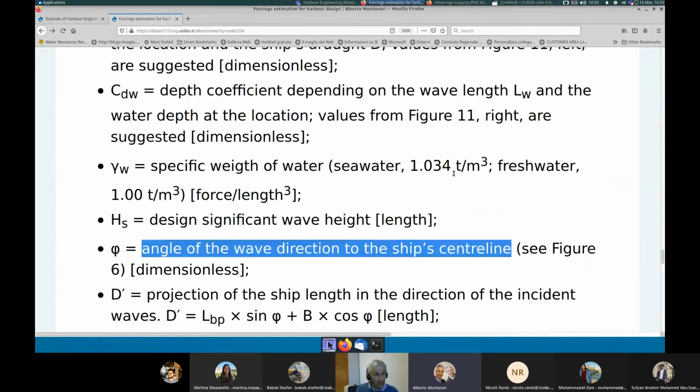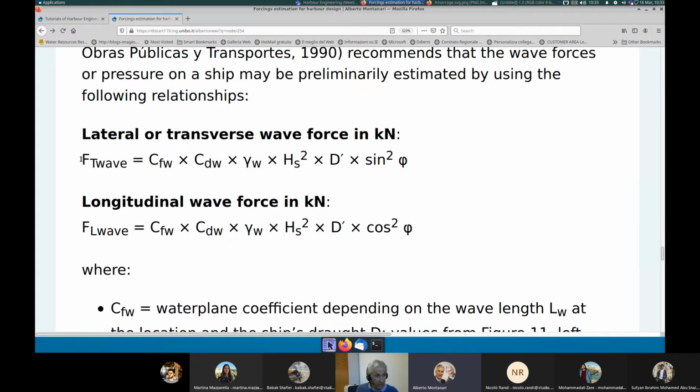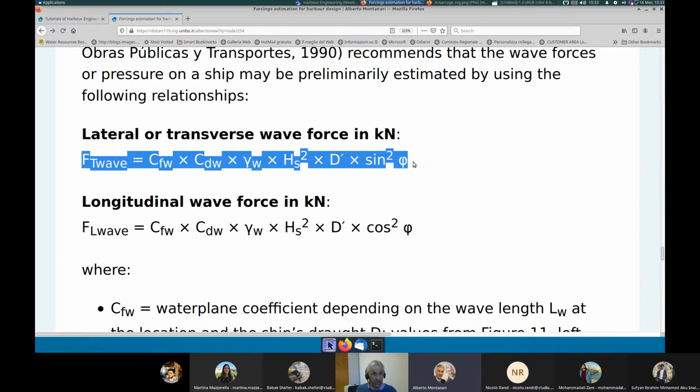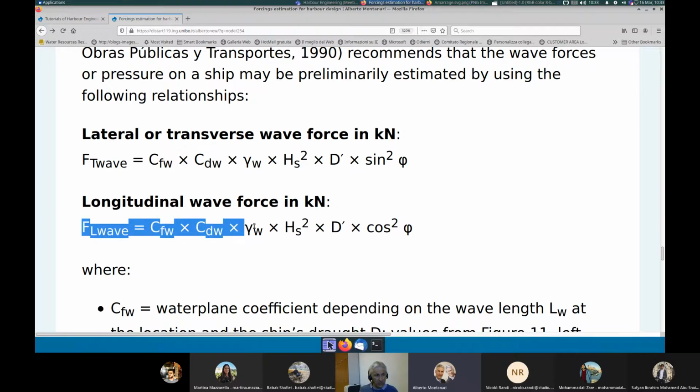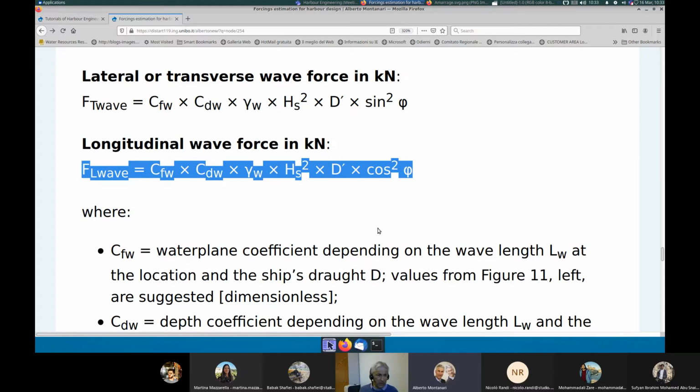So let's go up again. And we got to the end because we defined what d prime is, and then we multiply everything times the sin square of phi. This is the transverse force. Okay. Now, for the longitudinal force, there is a similar formula, and again there is the water plane coefficient, and there is the depth coefficient, and then the same formulation.